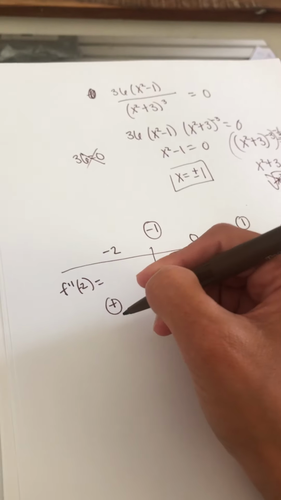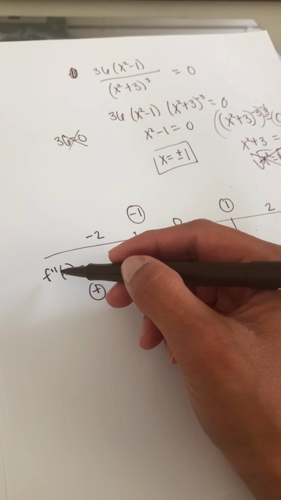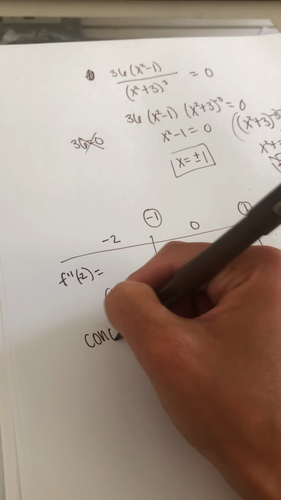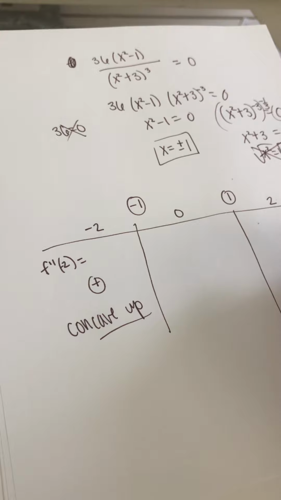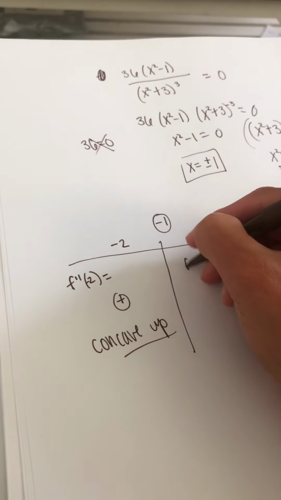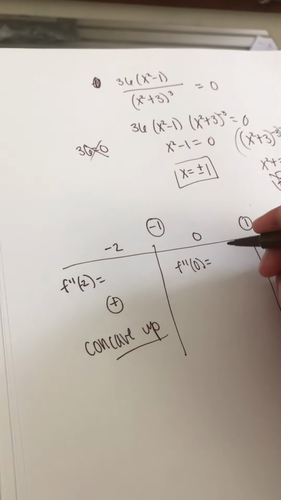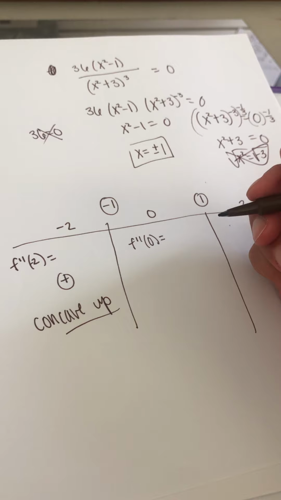And which that would be not increasing, because we're not figuring that out. Increasing is first derivative. We're looking at concavity, and so this is going to be concave up because it's positive. Okay, when I plug in 0 to the second derivative, I have what? If you do that right now, you can pause me.